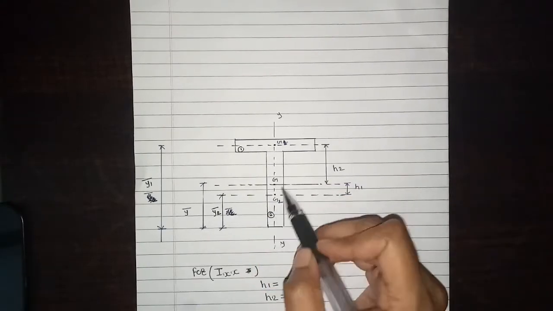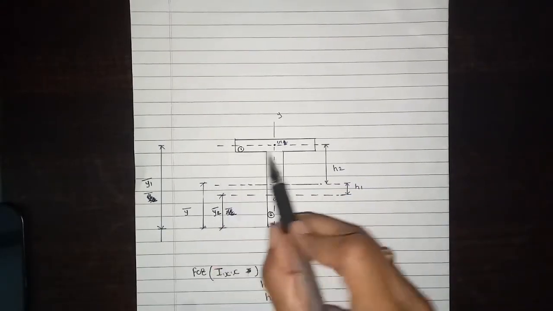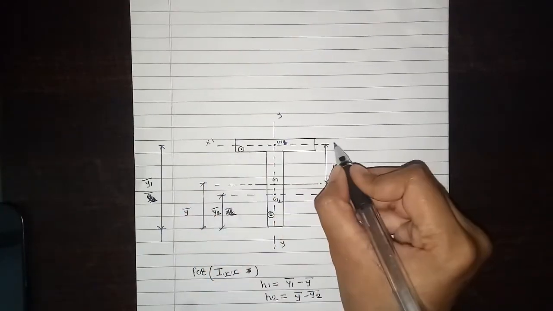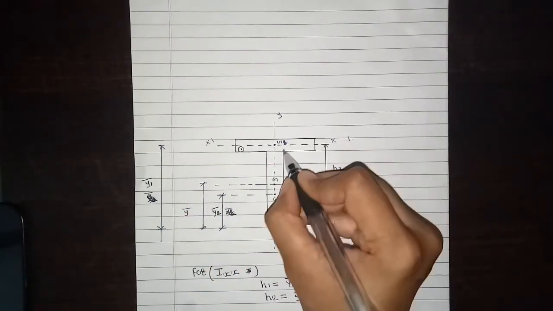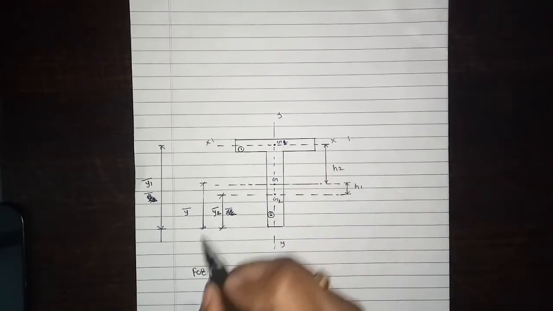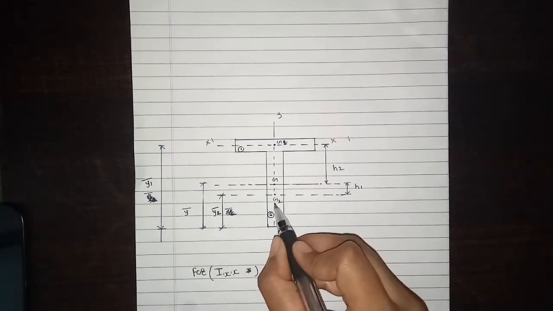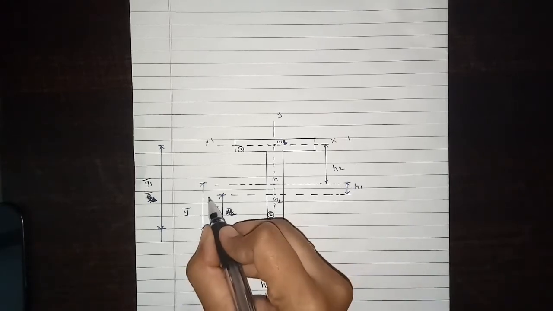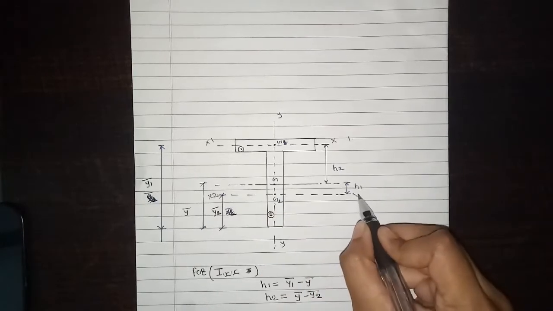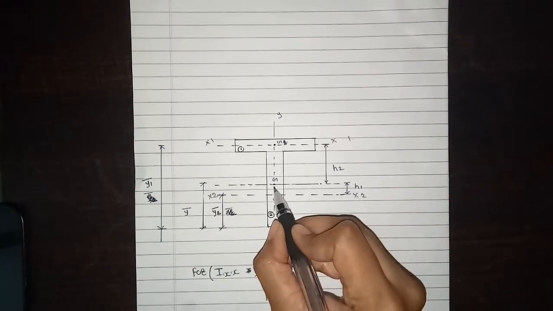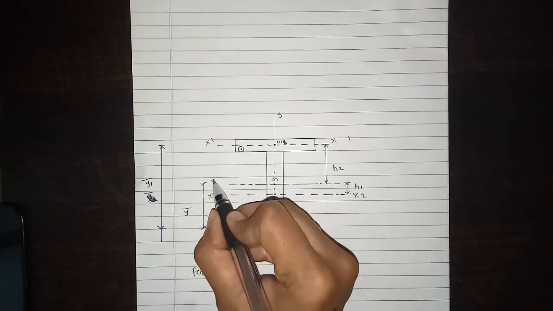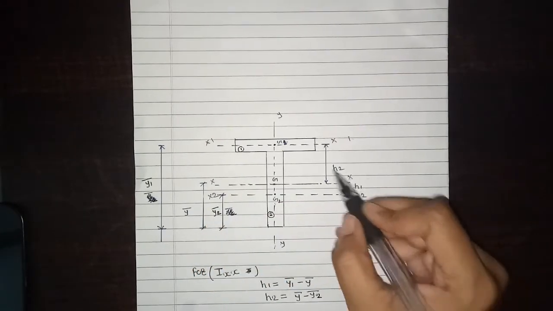This is the T section having centroidal axis for the first section x1, and this is the G1 point. And for the second section, this is the G2 center of gravity and this is the x2, and this is the main G point, center of gravity. So this is the x-axis.